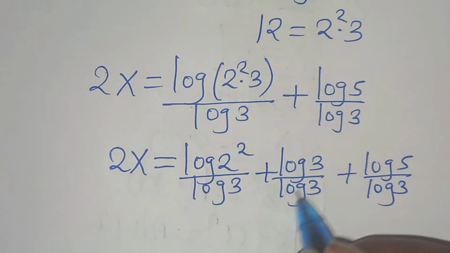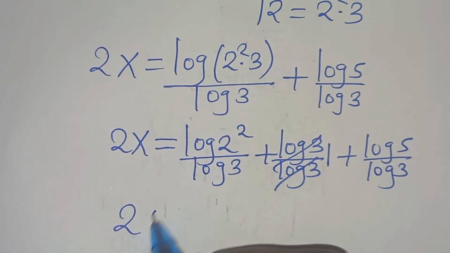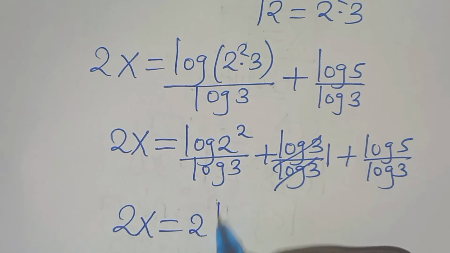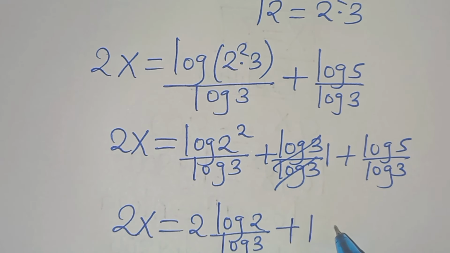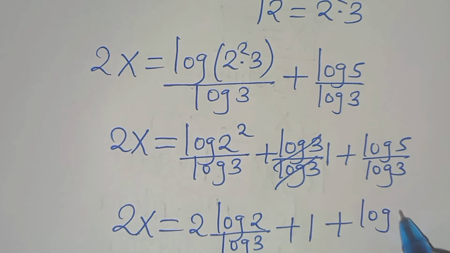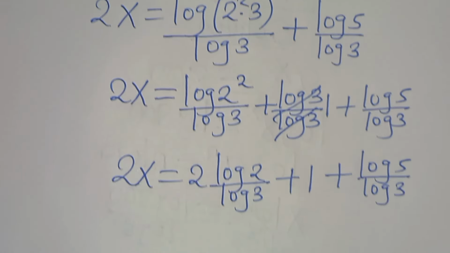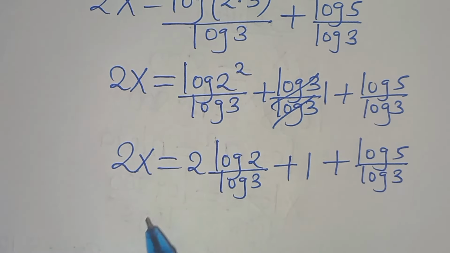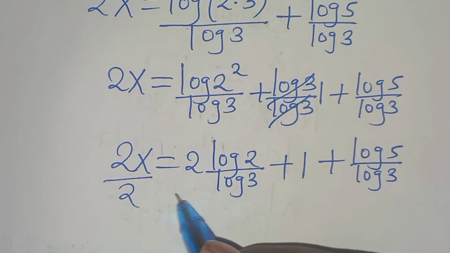Now we can simplify log 3 and log 3 here. This is 1. And then we have 2x. This is equal to 2 log 2 divided by log 3. Then plus 1 plus, this is log 5 divided by log 3. Now, this means that from here, we can divide both sides by 2.